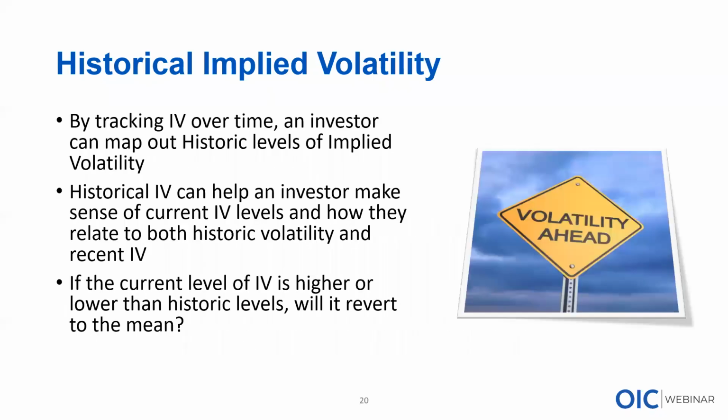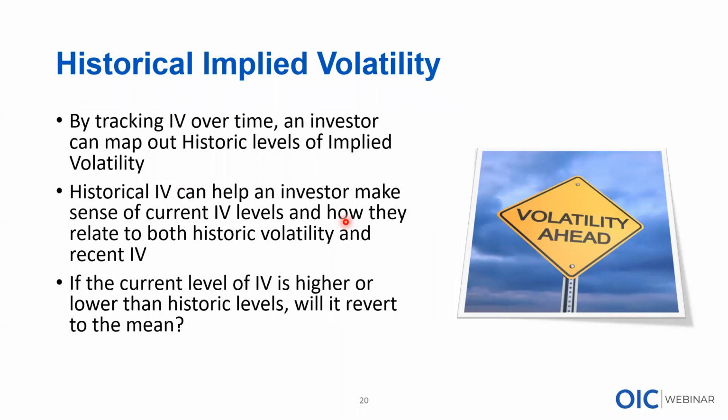Both of these are an attempt to capitalize on what I'm calling historical implied volatility: tracking implied vol over time, looking back at it and mapping out the historical levels of implied volatility, and then comparing that to its current levels. How do current levels compare to past levels of implied?